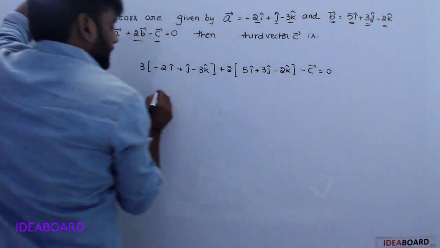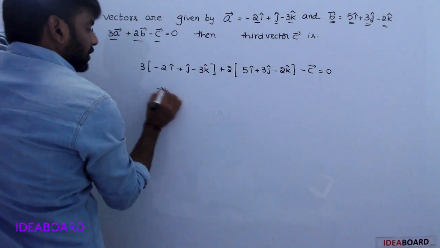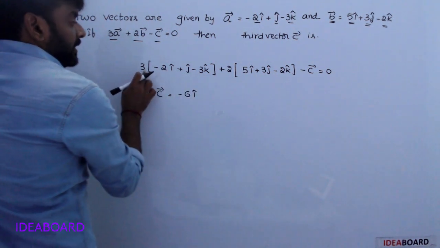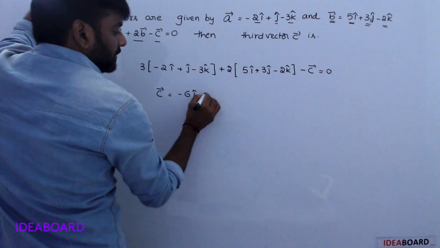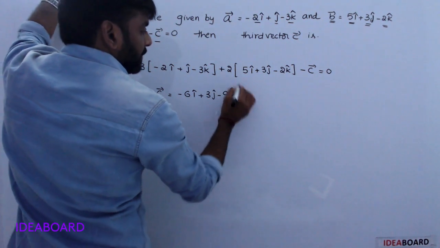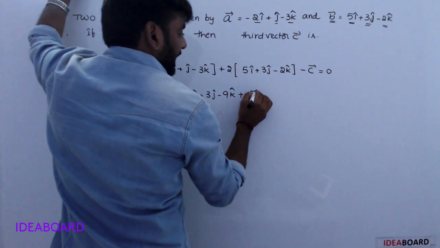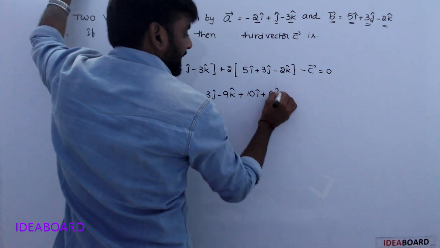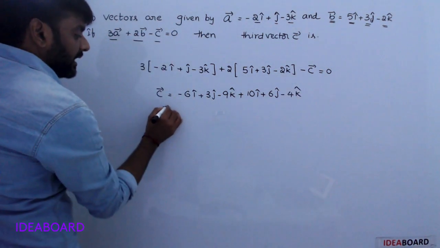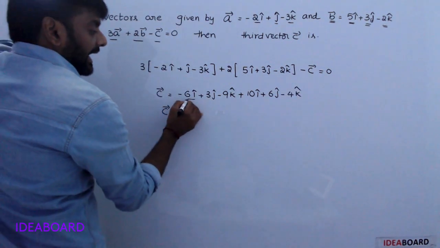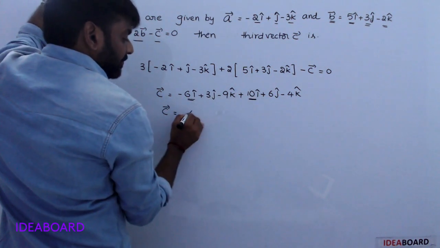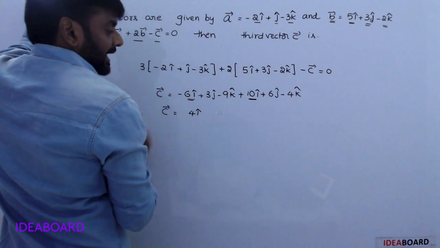Taking c bar to that side, c bar equals 3 into minus 2, minus 6i cap, 3 into 1, 3j cap, minus 9k cap, plus 2 fives are 10i cap, 2 threes are 6j cap, minus 4k cap. Adding the i cap terms only: minus 6i cap plus 10i cap, plus 4i cap.